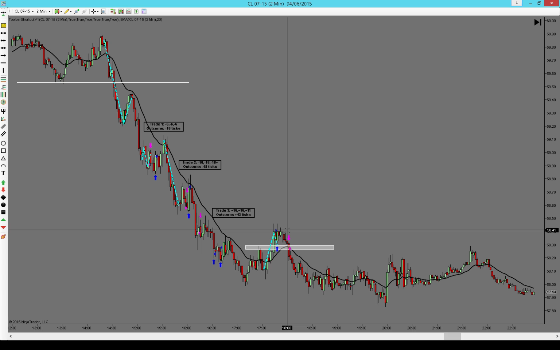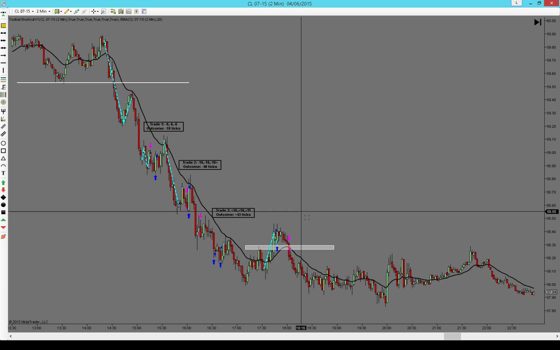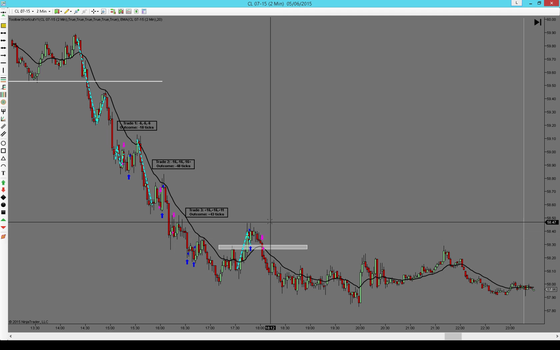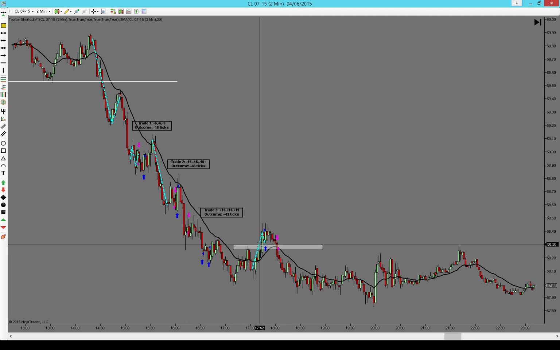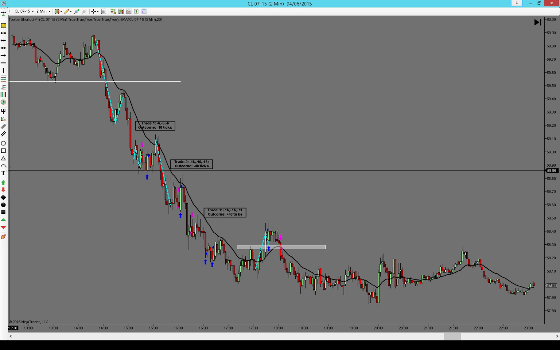So got an entry here at 58.41. It was a stop out, 2 ticks of slippage at 12 ticks of stop loss. Was sitting at 12 ticks at the time, and got 14 on the exit here.